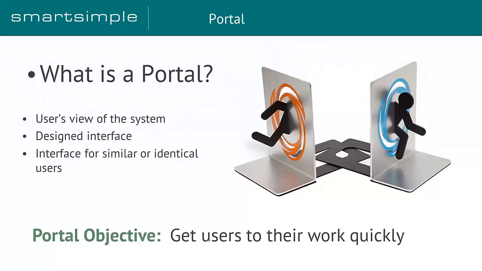So having all that readily available on the screen is really what a portal is. And having it there in an accessible way where there doesn't need to be a lot of instructions for the end user, so that they don't have difficulty finding things around. It's just a designed interface that has everything that a user needs based on their permissions or their role in the system, and everything is readily available.